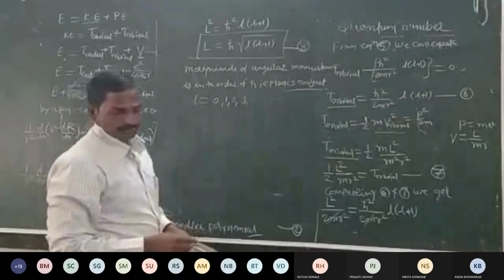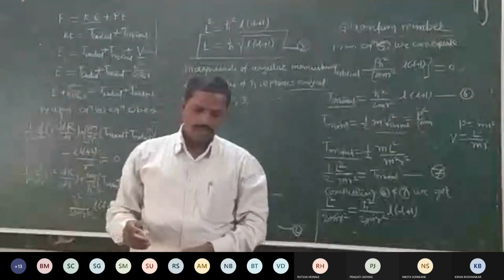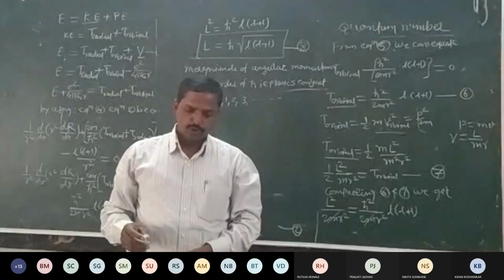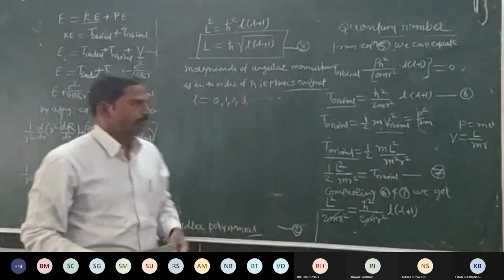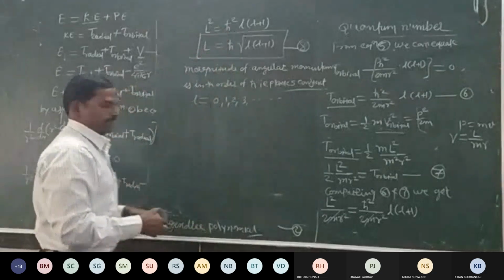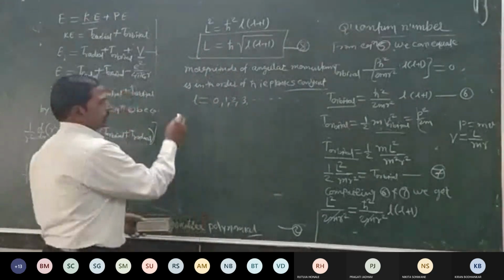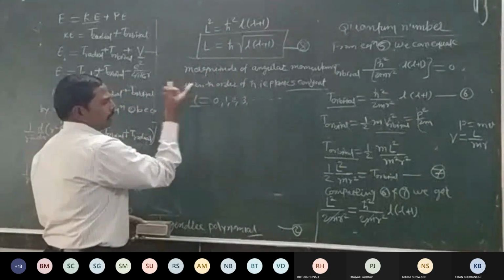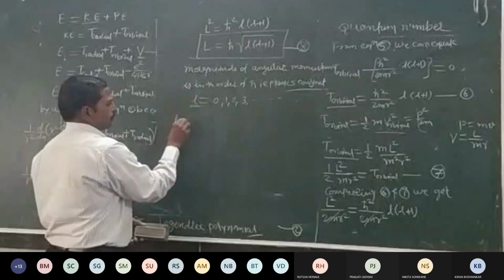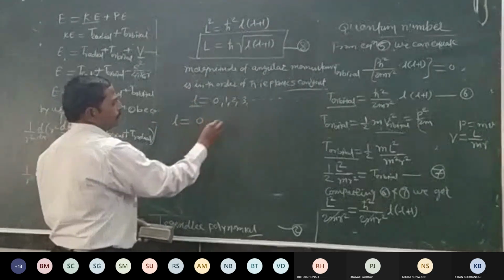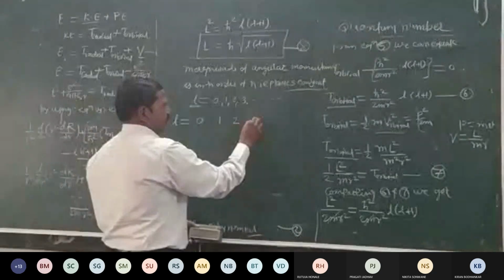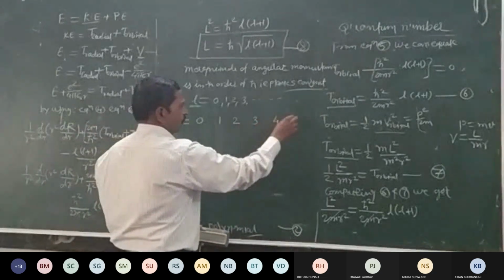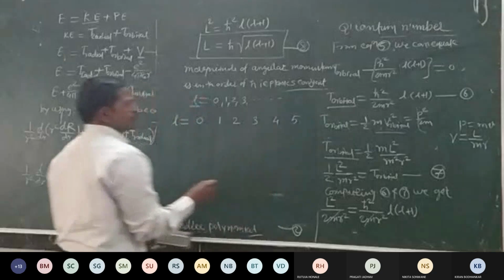So to get the magnitude of the angular momentum by using this, what is that? Orbital quantum number. This orbital quantum number gives 0, 1, 2, 3, 4, 5 and so on.